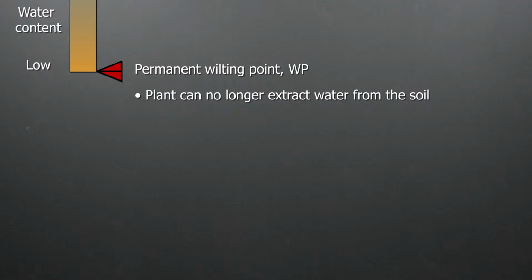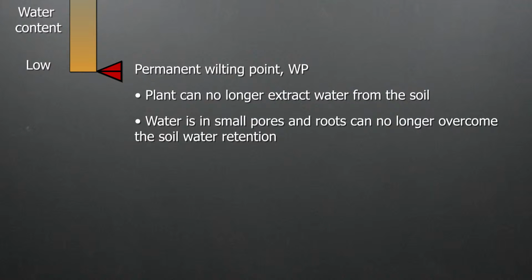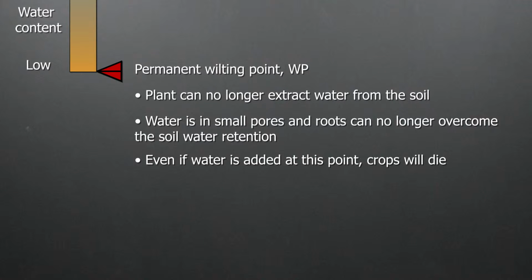In other words, it is when the water is held in the small pores and the roots cannot anymore overcome the very high soil water retention. Even if water is added to the root zone after we have reached that point, most crops will actually die. Therefore, we often speak about permanent wilting point. It means the crop has actually died.